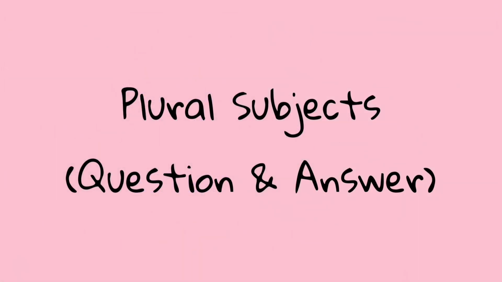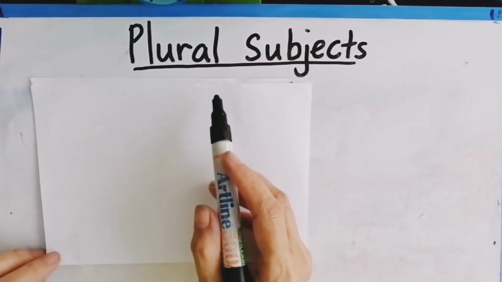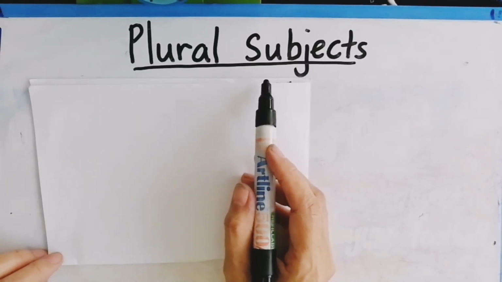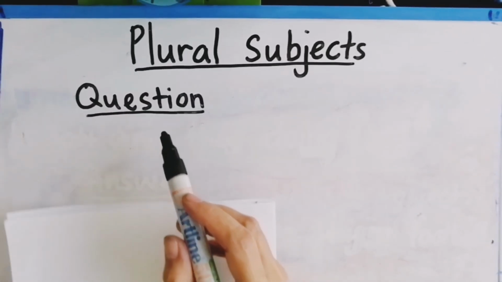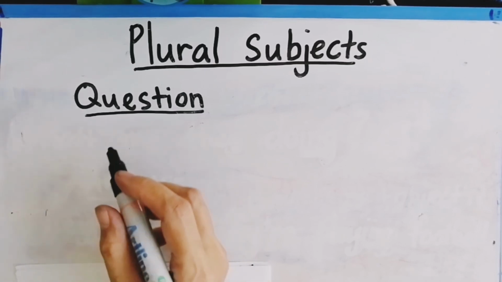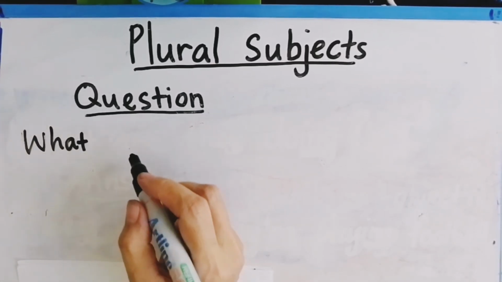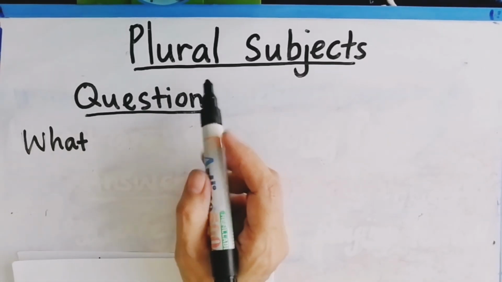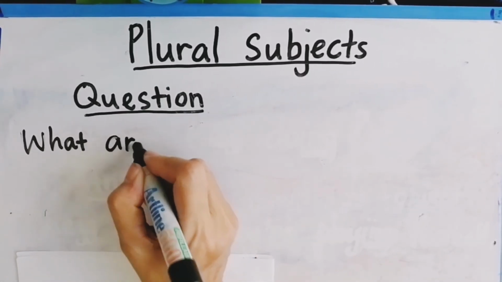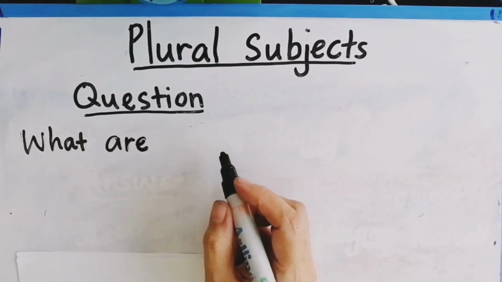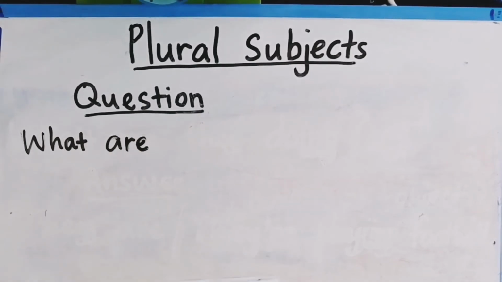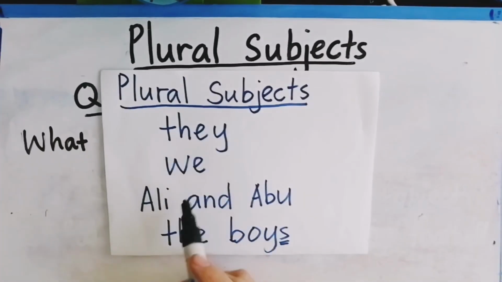Now, the plural subjects. First, to ask a question. Begin your question with the question word what. And then the verb to be for plural subject is are. And the subject, examples of plural subjects are they, we, Ali and Abu, the boys.